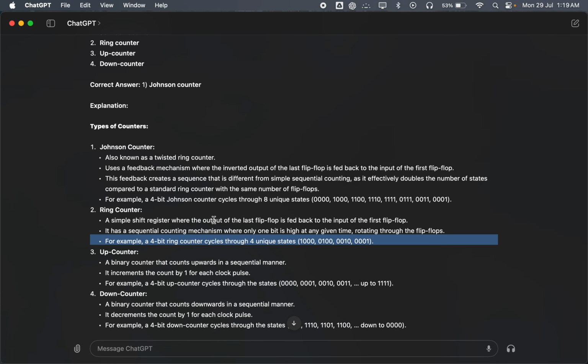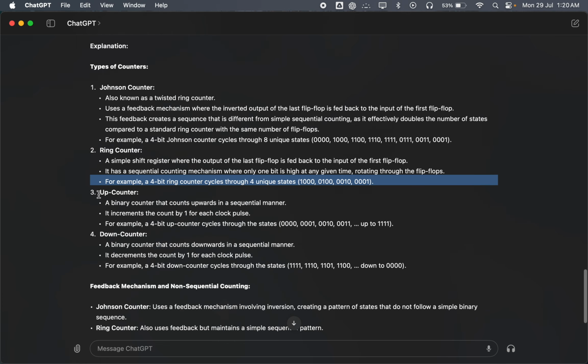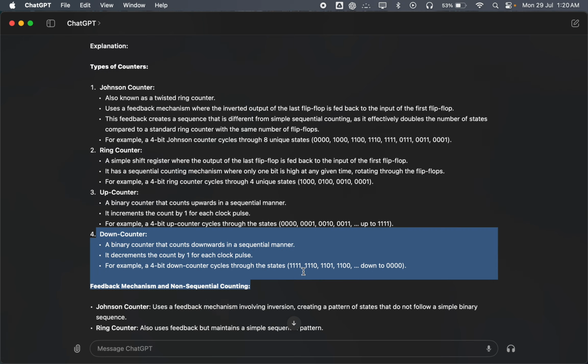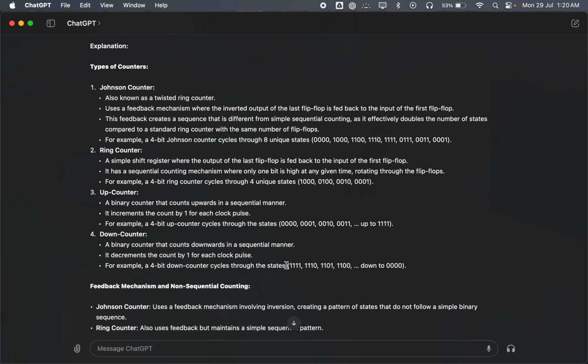A counter is sequential if you see here 0, 1, 2, 3, like that. Down counter is also sequential: this is 15, this is 14, this is 13, this is 11.